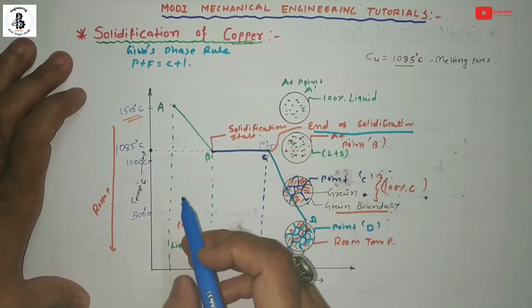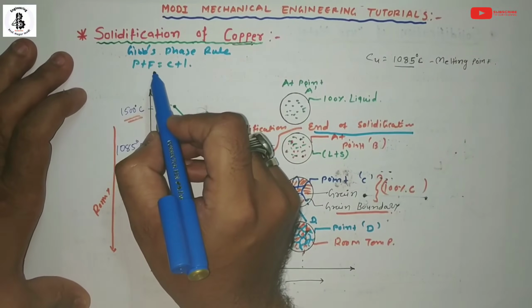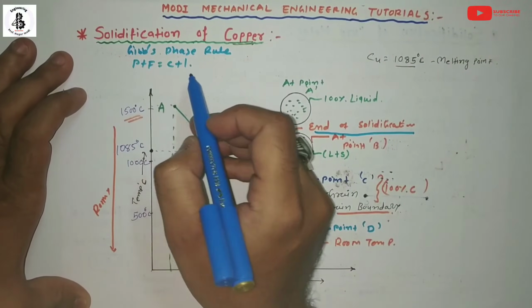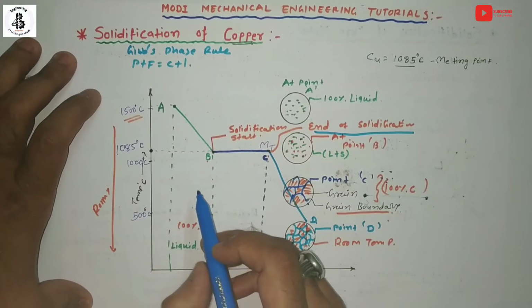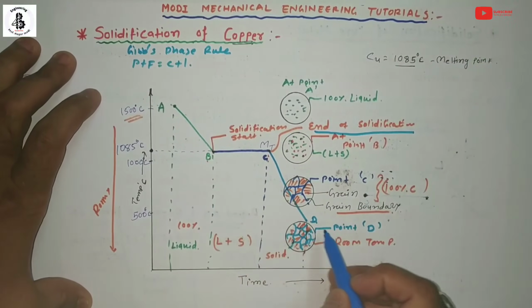If you want to learn the Gibbs phase rule in detail, you will find a link in my description box. Now concentrate on the different regions AB, BC and CD.